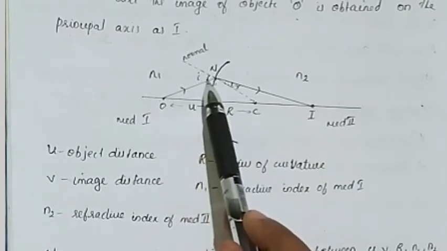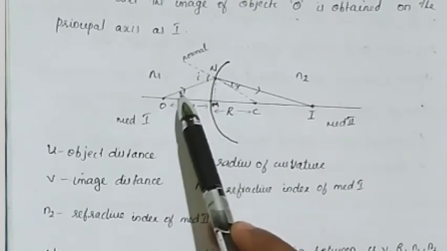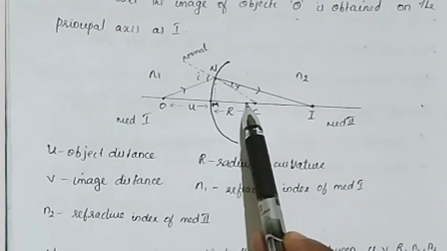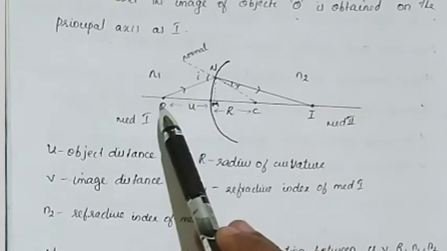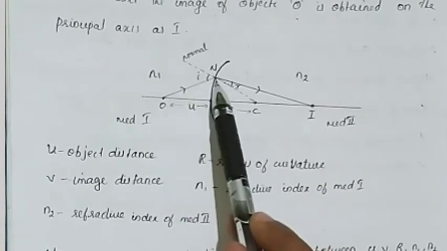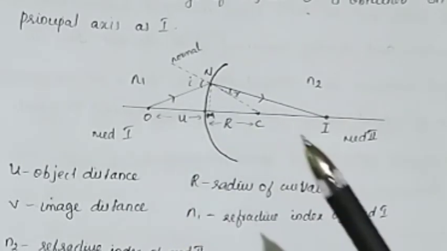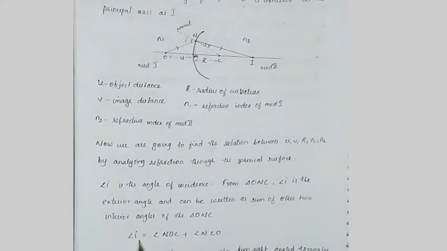So this exterior angle can be written as the sum of the other two interior angles, that is, the angle of incidence i can be written as the sum of angles NOC and NCO. So i equals angle NOC plus angle NCO.